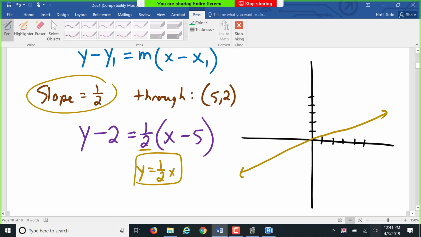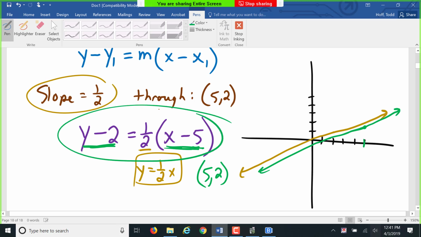Well, what this is telling us to do is shift the origin from x equals 0 over to x equals 5, and from y equals 0 to y equals 2. So x equals 5, y equals 2 is right there. And the line actually goes through that point as the origin. So that green line is actually the graph of that equation.